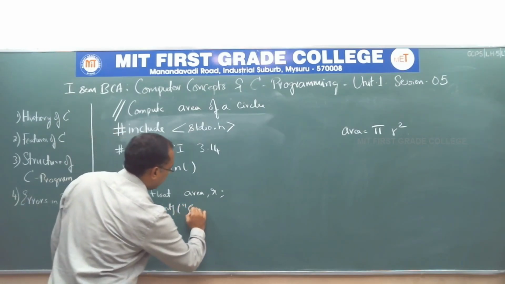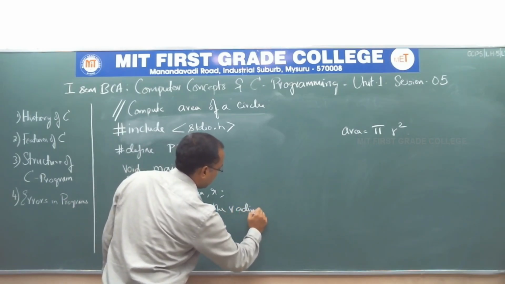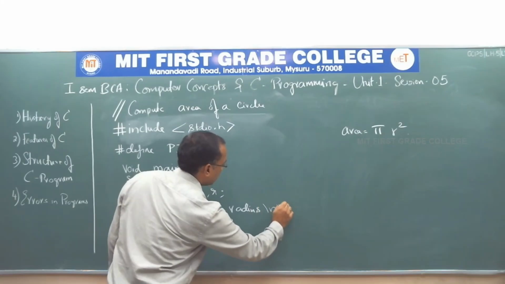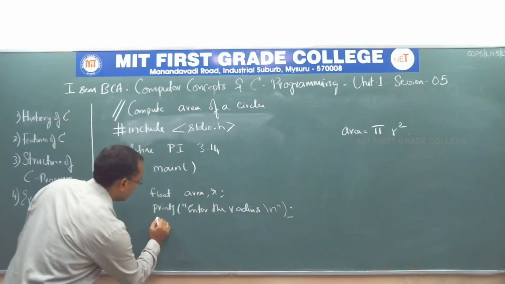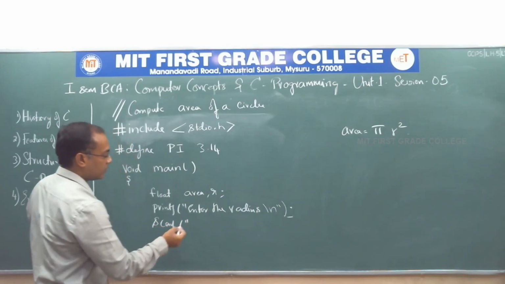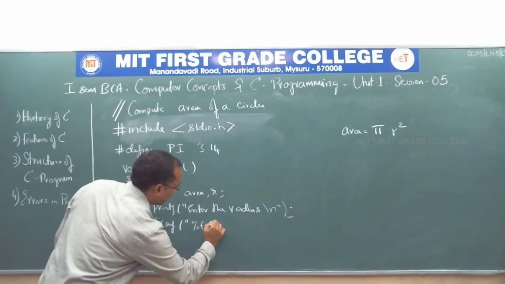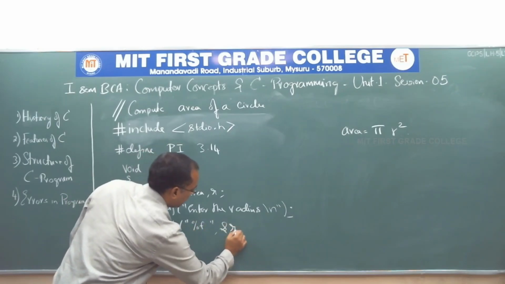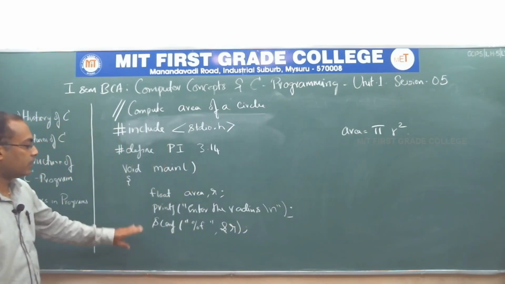Then we'll use printf, enter the radius. \n is used to bring the cursor to the next line. Then scanf is an input function where we are going to accept the input, that is r, from the standard input device, which is the keyboard.